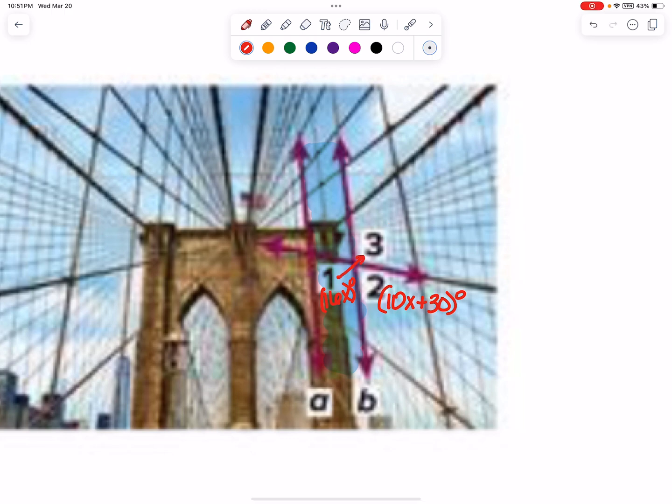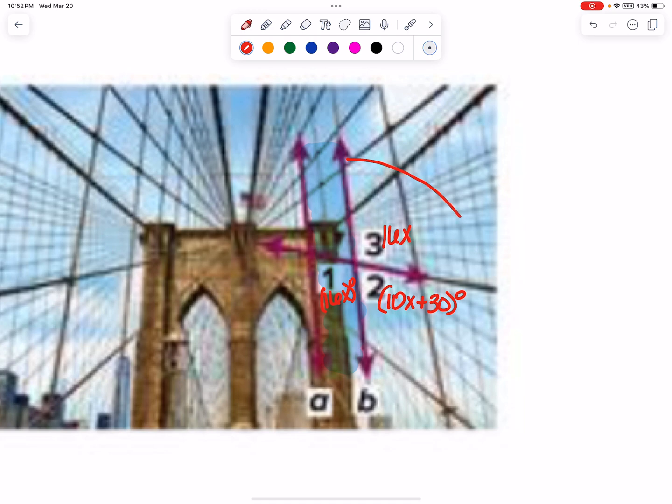Because this is a vertical angle, it makes the cross here. Our vertical angle, we know that this is 16x. And that's really the key for us to unlock this, understanding that.